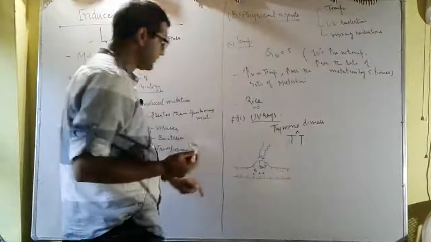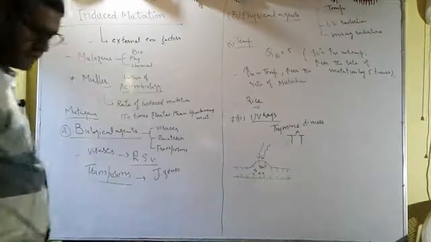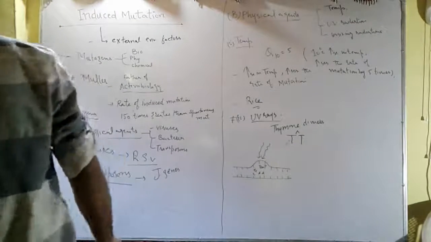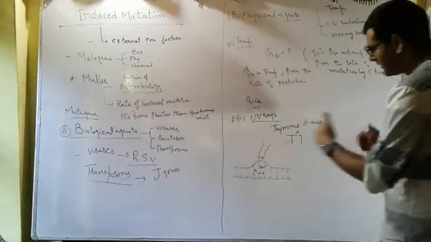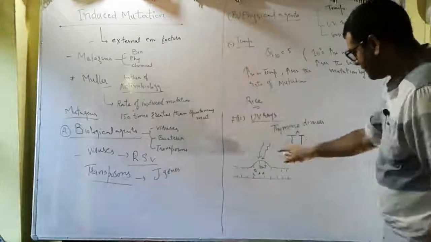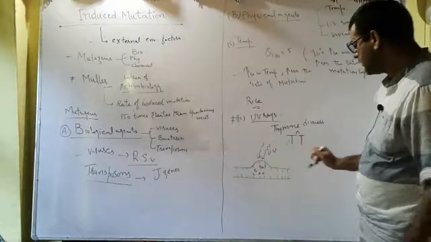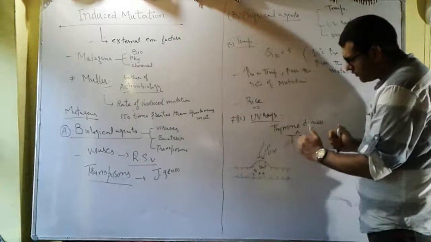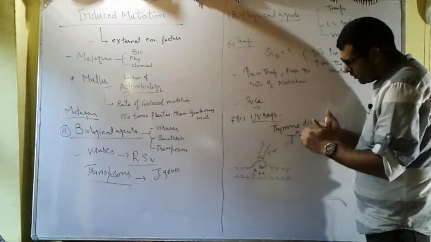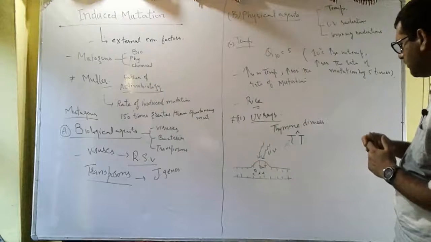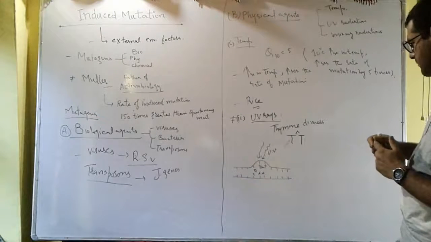These thymine dimers are formed when the DNA is exposed to ultraviolet rays, and the adjacent thymine residues form a covalent linkage, resulting in the formation of thymine dimers.